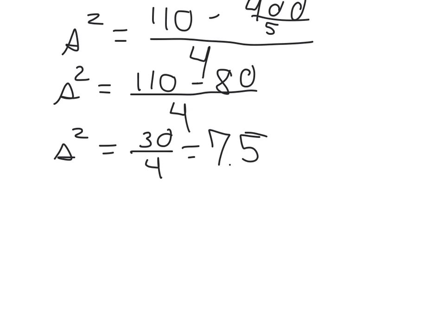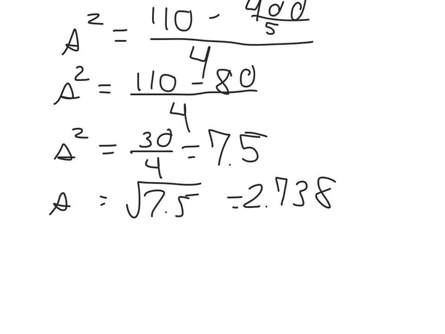And to get our standard deviation, we'll take the square root of that. And I cheated. I actually have R open on another computer. When I take the square root of 7.5, I get 2.738, or about 2.74. Okay? That's what I'm really looking for, is the standard deviation.